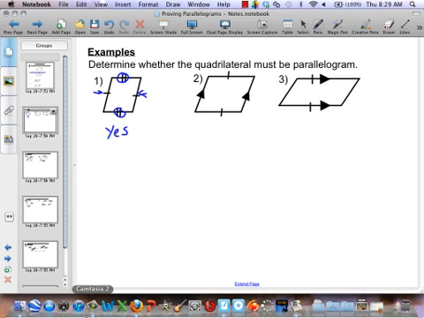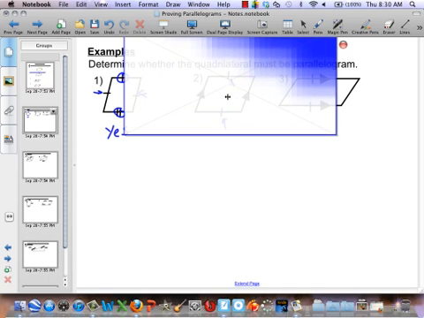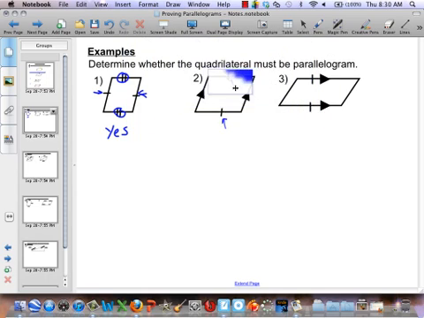Take a look at number 2. Does number 2 fit one of the 4 options? Let's analyze this a little further. I do have a pair of opposite sides that are congruent. Oh, that's interesting. And I have another pair of sides that are parallel.